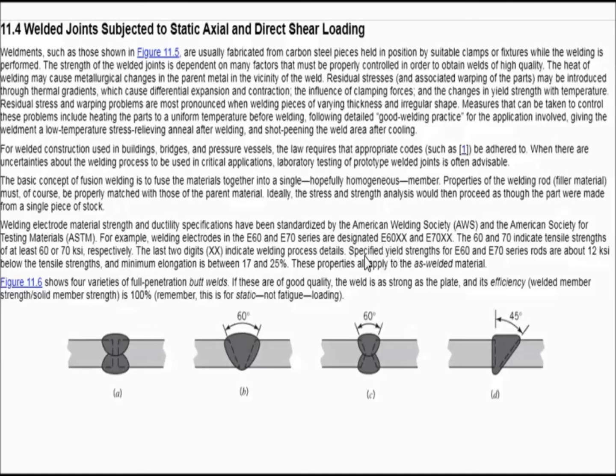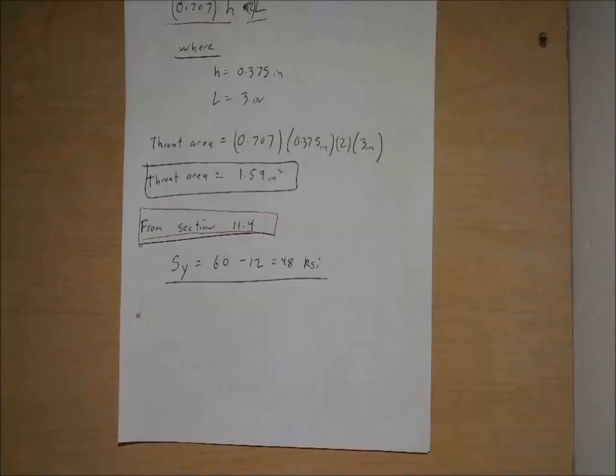The next part that we are concerned with is the yield strength. Specified yield strengths for E60 and E70 rods are about 12 KSI below the tensile strength. So for ours, it's going to be 60, which is the tensile strength for E60, minus 12 KSI.